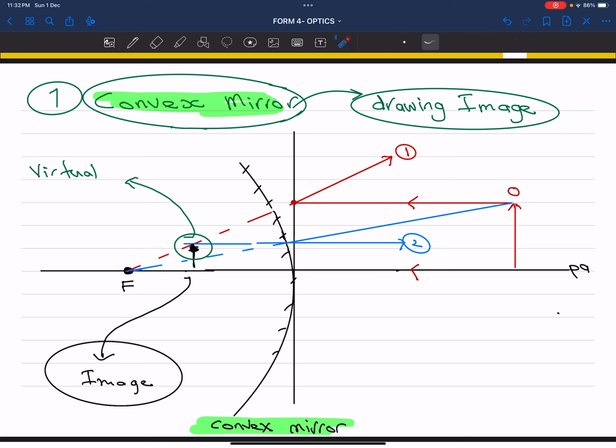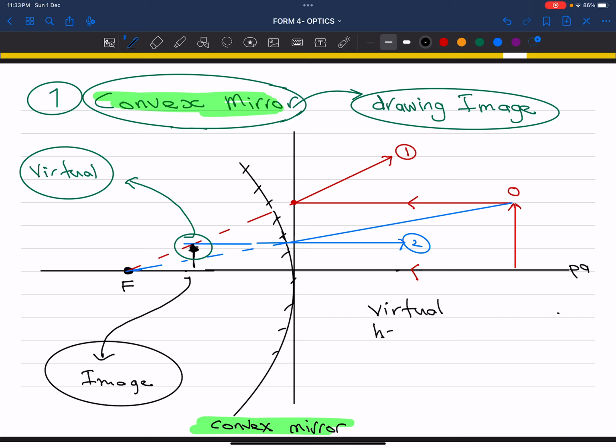Because it is the intersection of broken lines, showing that it is virtual. Second, if you notice by looking at the diagram, the size of the image is smaller than the size of the object. So the first thing we had was virtual, which I did in the previous lesson.